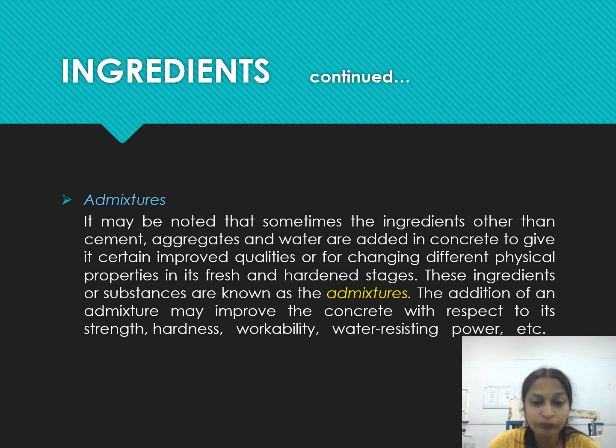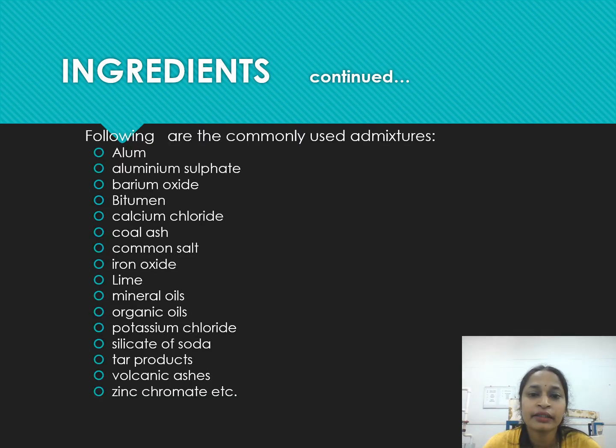They may increase workability, strength, hardness, water resisting power, etc. Some common admixtures used are alum, aluminum sulfate, barium oxide, bitumen, calcium chloride, coal ash, common salt, iron oxide, lime, mineral oil, organic oils, and many more.